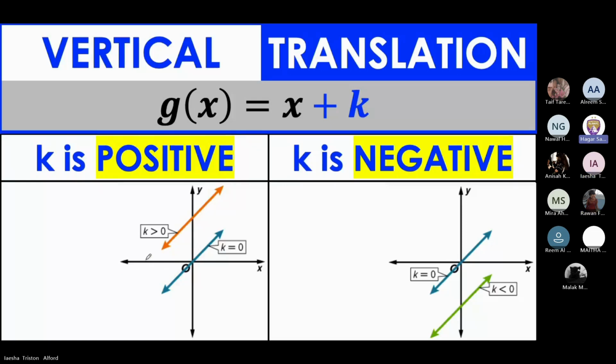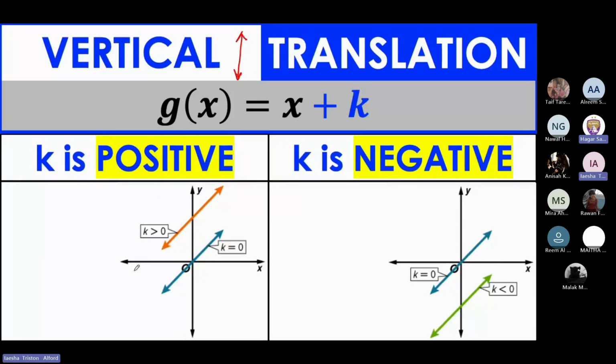You would go up and going down. Okay, so you know this word vertical. Vertical means that you're going up or down. So we want to make a vertical translation. We want to make a vertical slide. You already know these movements.